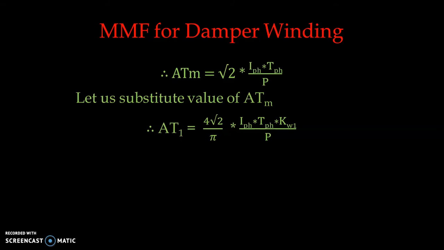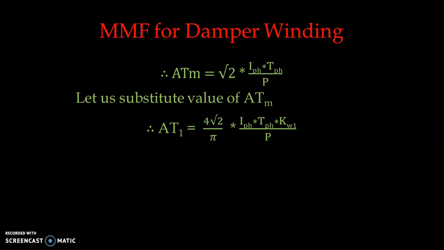Now from this equation, it is very clear that this magnetomotive force is a pulsating magnetomotive force, and this pulsating magnetomotive force can be resolved into two parts. One part is known as the synchronous magnetomotive force, and the other part is known as the inverse rotating magnetomotive force.